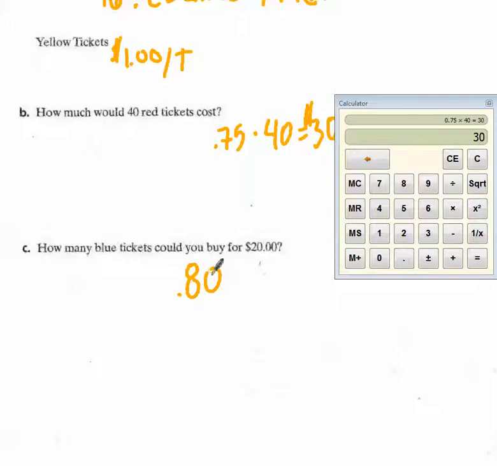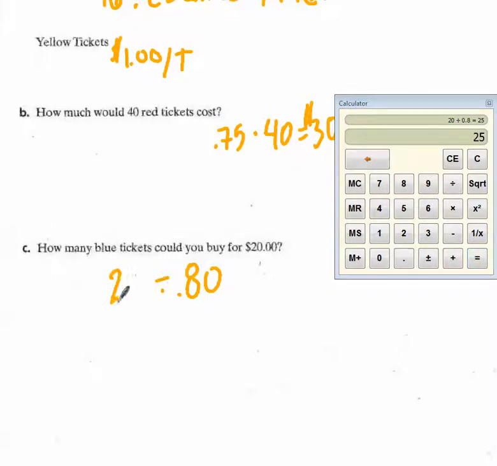So we're going to go 20 divided by 80 cents. 20 divided by 80 cents is 25 tickets.